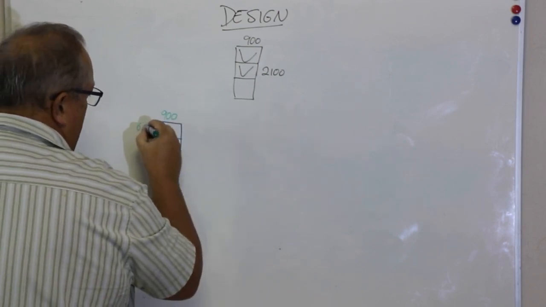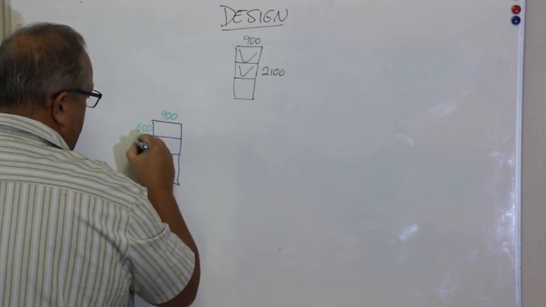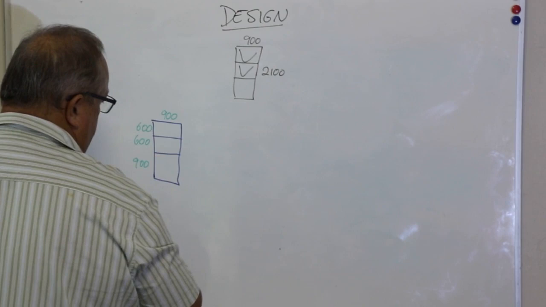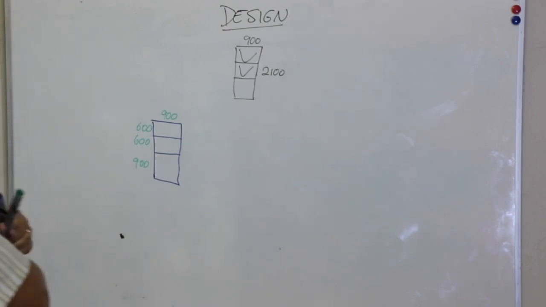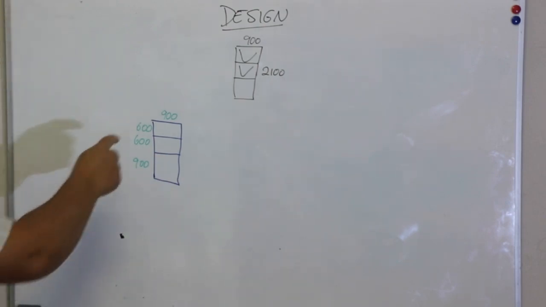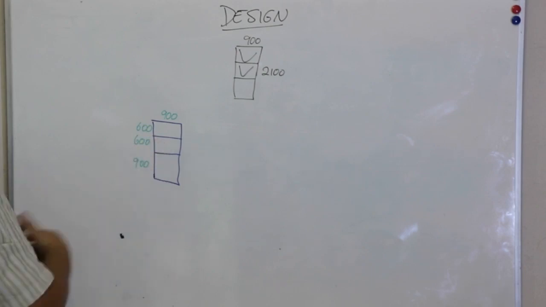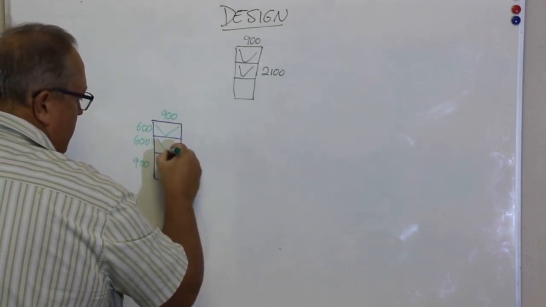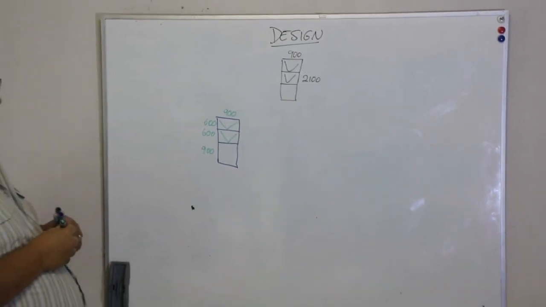So let's say I want to make the top sash 600, the next sash 600, and the bottom panel 900. And then this will become opening 1, 2, and 3. Into opening 1, I'd insert a top hung, and into opening 2, I'd insert a top hung.